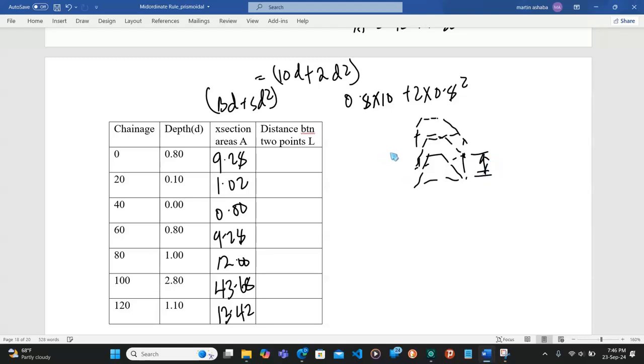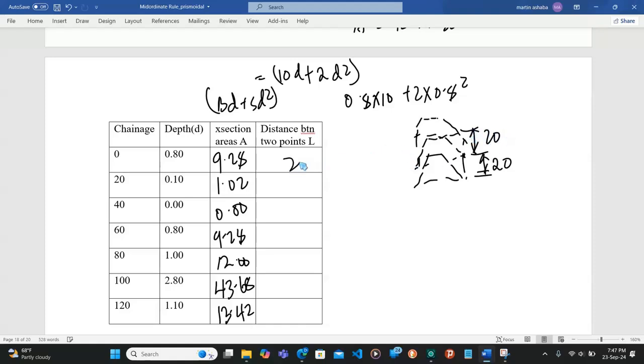The distance, as we earlier saw, is 20, because the chainage is 20. So also the next one is at 20.